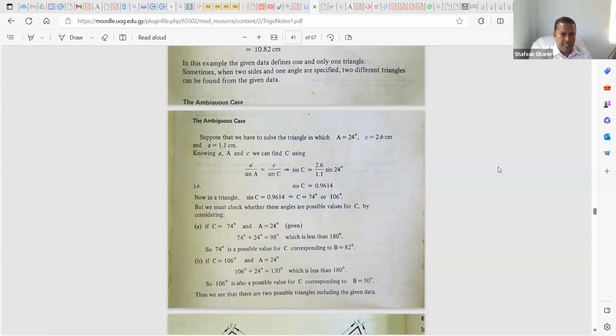The angle A inside is 24 degrees. There's a side C that's 2.6, and the side opposite A is 1.1. So let's just say we draw a hypothetical situation, but we don't know what the triangle looks like.